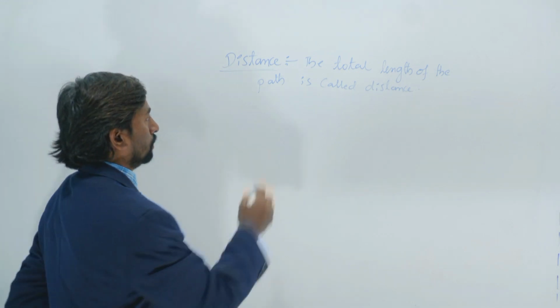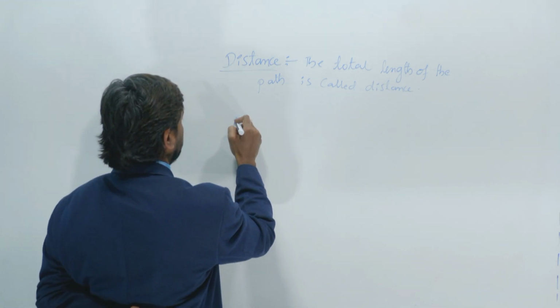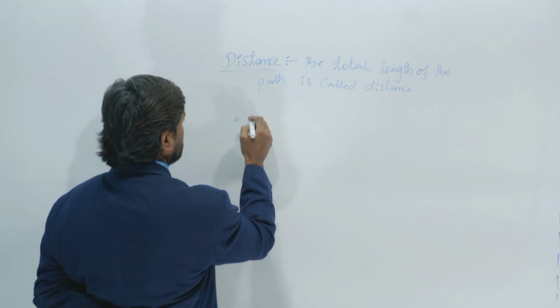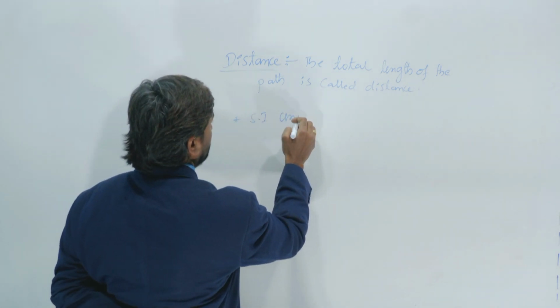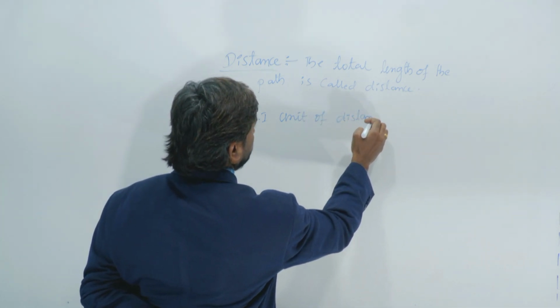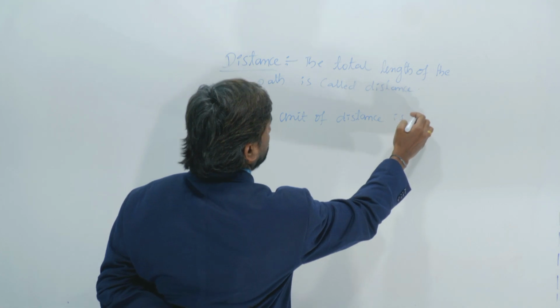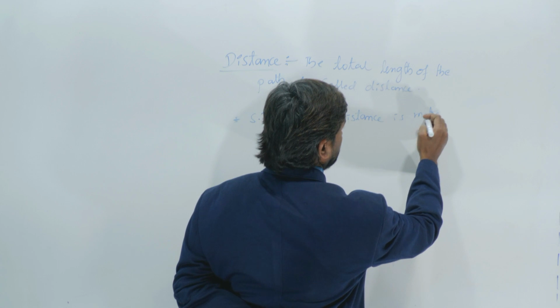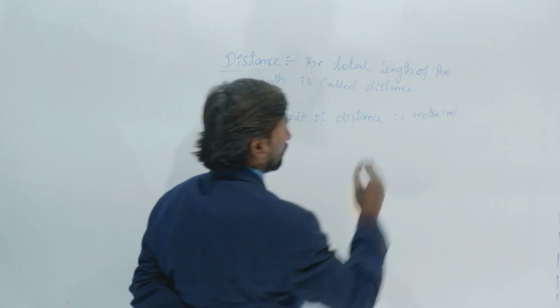Okay. So now the distance can be measured. Distance can be measured in meters, SI units. The SI unit of distance is meters. M. Okay.